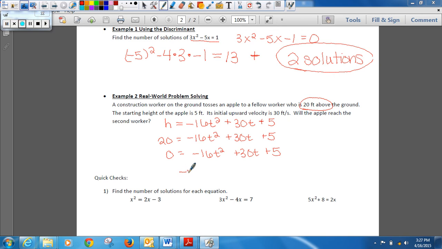If I have b squared, which is 30 squared, minus 4 times a times c, if I complete that discriminant, I get negative 60. Since my number is negative here, that means it would have no solution, meaning it would never reach it no matter how much time passes, because my discriminant was negative.